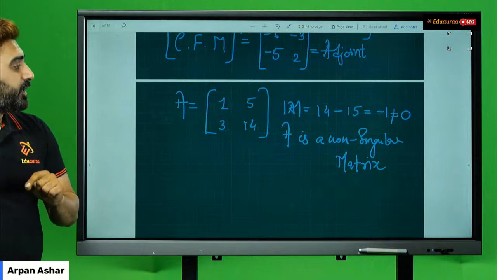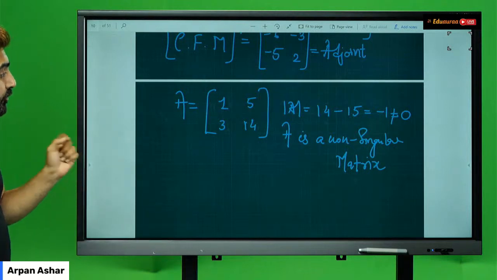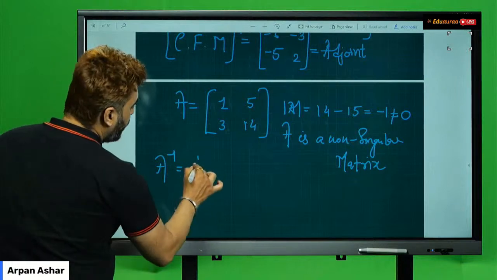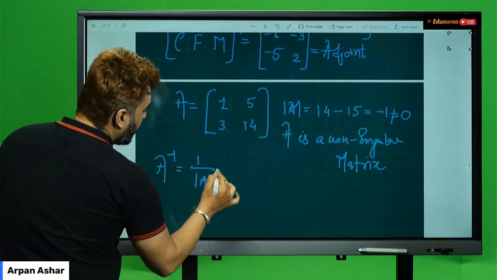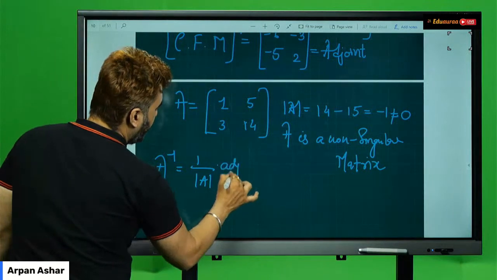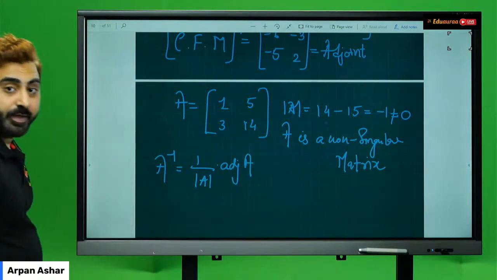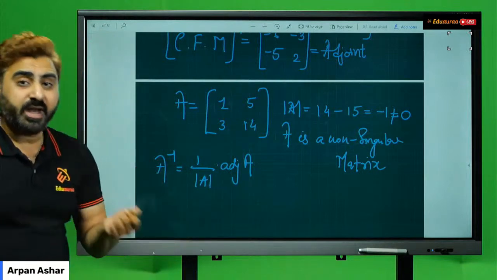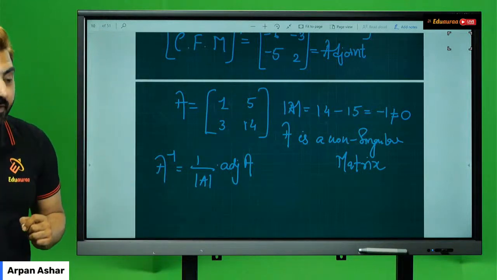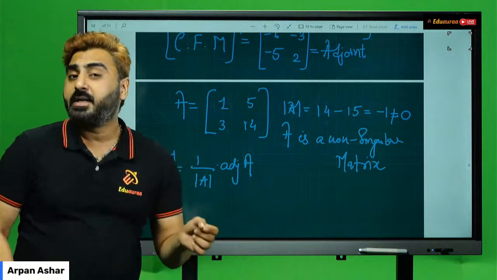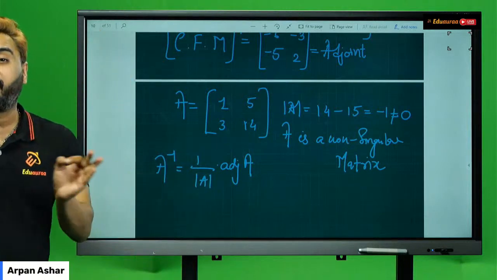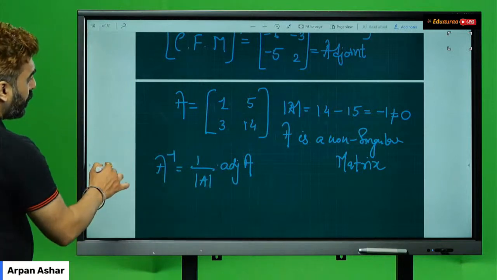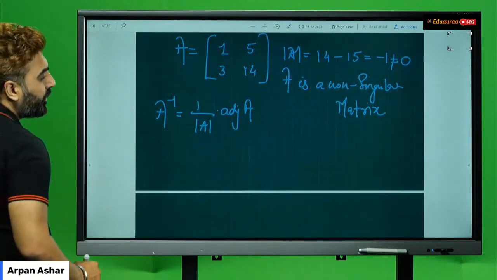So inverse फाइंड करने के लिए using adjoint method, the formula says that A inverse is equal to 1 upon determinant of A into adjoint of A. Now students, we are supposed to find adjoint, but to find adjoint we need minors and cofactors, and as I said earlier, minors and cofactors are a path to find something, and that something is nothing but your adjoint. So let's find minors and cofactors.